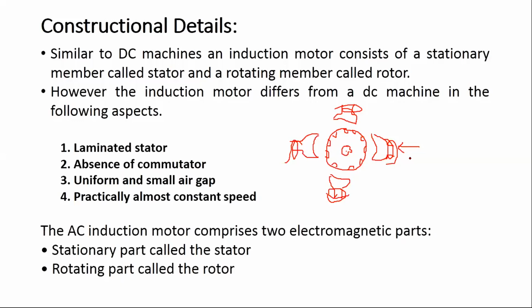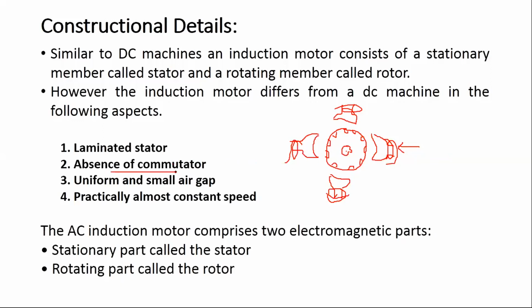So laminated stators are used for various reasons, to reduce the losses because of eddy currents and all that, and also to provide insulation basically, because the winding is put on the stator internally, right? So to avoid any kind of short circuiting or any kind of mishappening, laminations are used in the stator also.